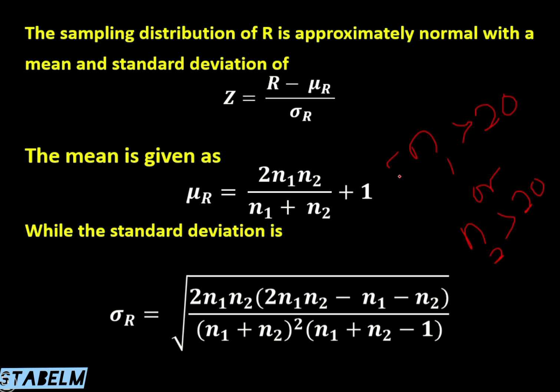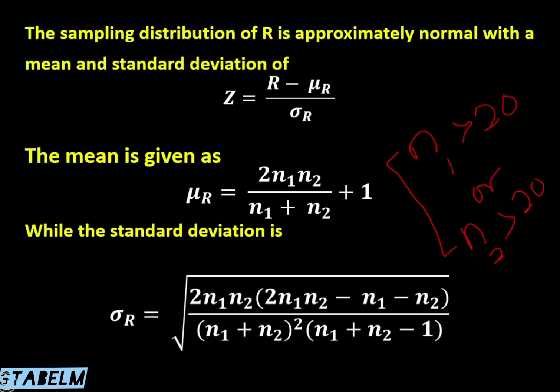So if any of the n is greater than 20, then we say it is a large sample run test. Alright. So now we go further by showing how to calculate that with this formula.